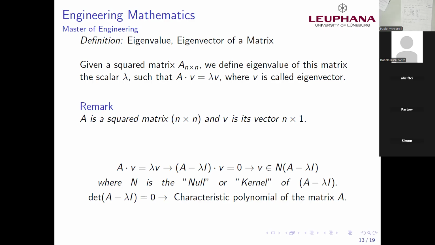This means the matrix which I have, multiplied by an element which belongs to the kernel, is equal to 0. This means the kernel is a set of elements, vectors. The kernel of the matrix M, which is A minus lambda E in our case, multiplied by V. If V is in the kernel, in this set which annihilates the product, this means M multiply V equals 0. I will be more precise later.